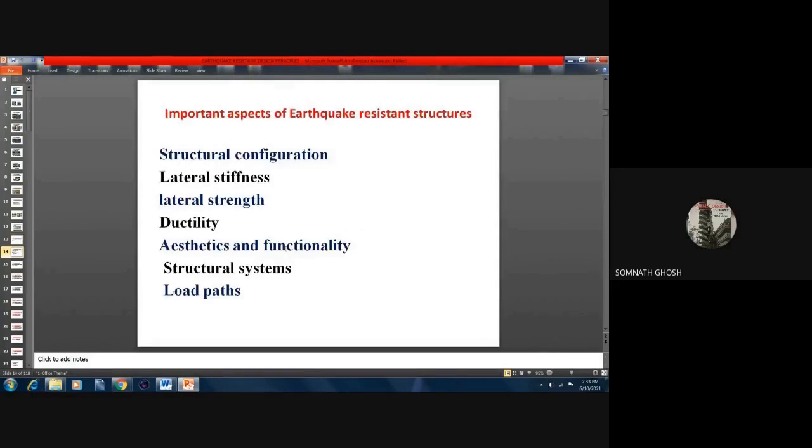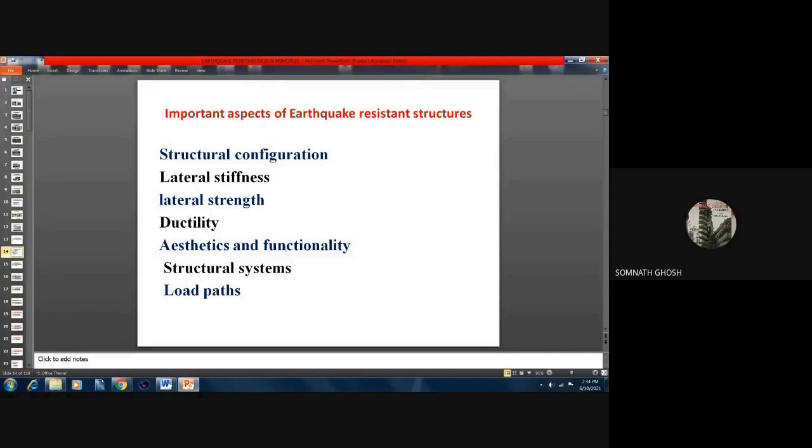Now, these are the important aspects of earthquake. Structural configuration. Is it rectangular, L-shaped, circular, U-shaped? All these things are very important. Lateral stiffness, very, very important. The columns are providing a major part of the lateral stiffness. Lateral strength. Stiffness is something, strength is something.